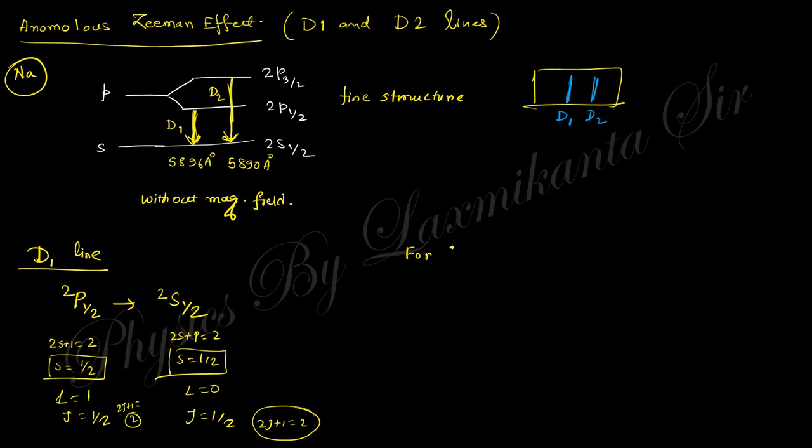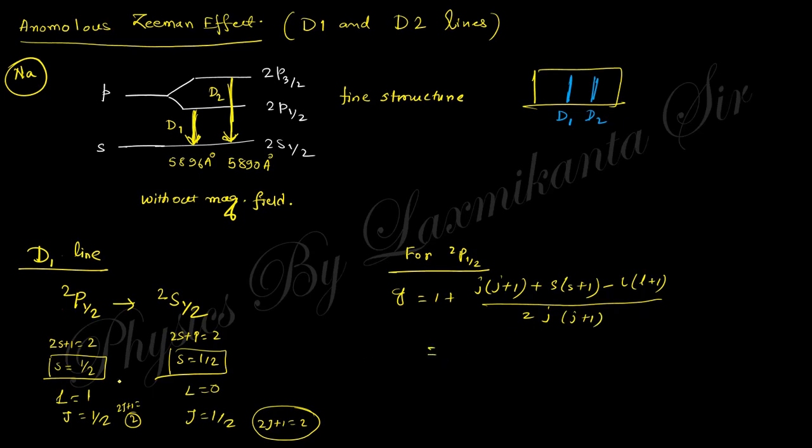For 2P 1/2, what is the value of g? The g formula is 1 plus [J(J+1) + S(S+1) - L(L+1)] divided by 2J(J+1). If you put in the values, J is 1/2, so 1/2 into 1/2 plus 1, S is 1/2, 1/2 into 1/2 plus 1, and L is 1, so 1 into 1 plus 1, divided by 2 into 1/2 into 1/2 plus 1.